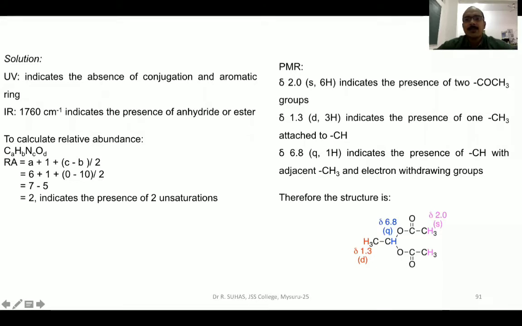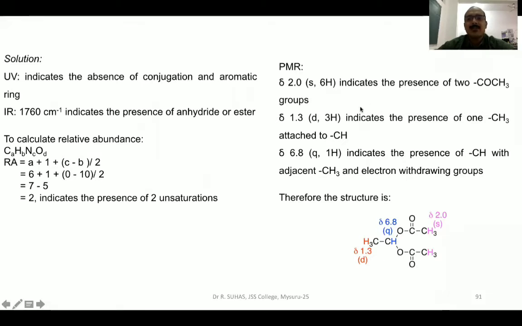Now we will come to the PMR data. The first one, delta 2, is a singlet 6H. So a 6H singlet refers to two methyl groups, CH3, CH3, but it cannot be just CH3, because the value should have been only 1; the value is somewhat higher. Then definitely the two CH3 groups are different and they are attached to some electronegative element.